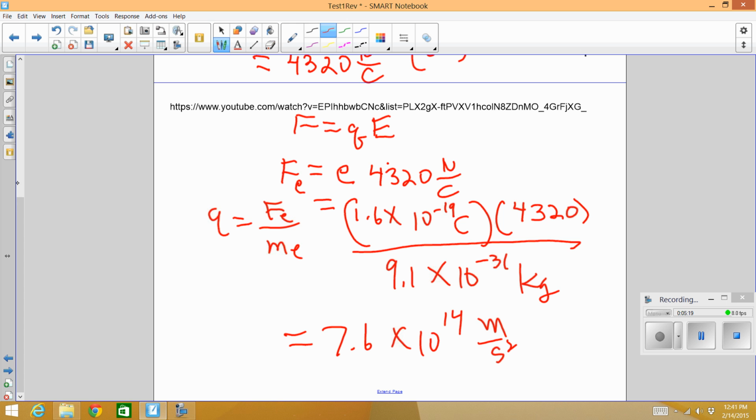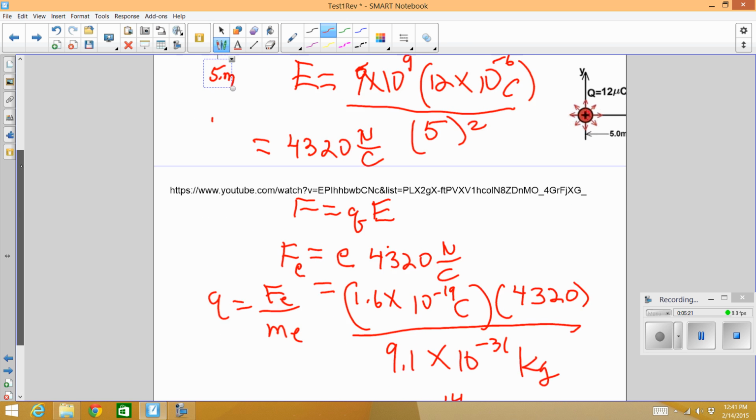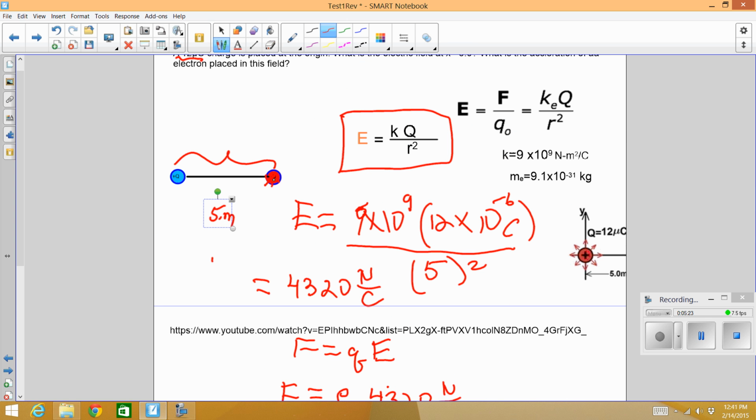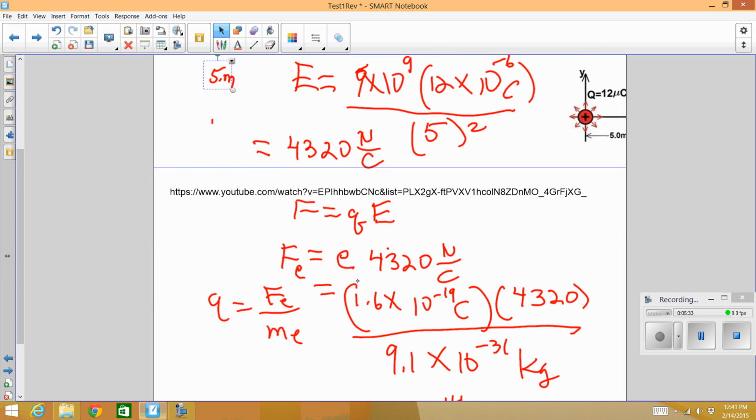So what we did is we placed an electron here, and there was a force acting on it of E times 4,320, and that caused this electron to accelerate with that acceleration.